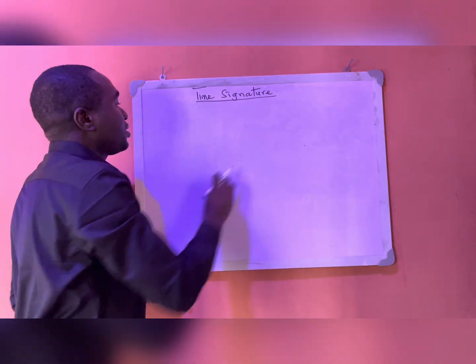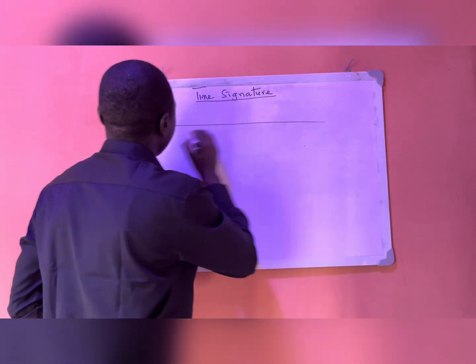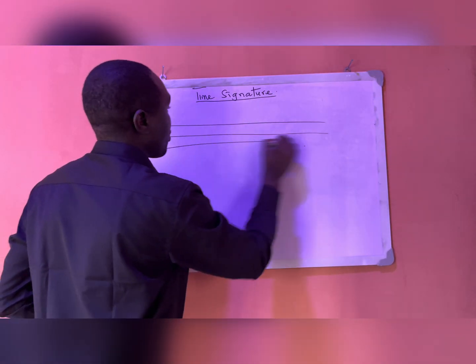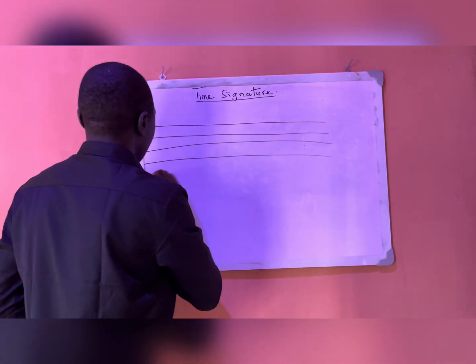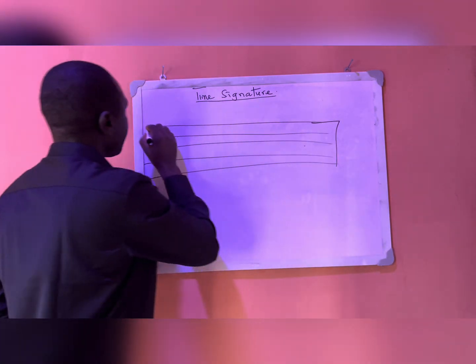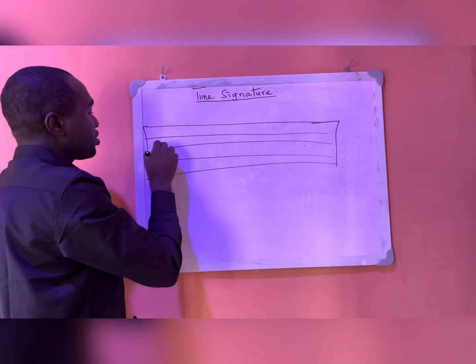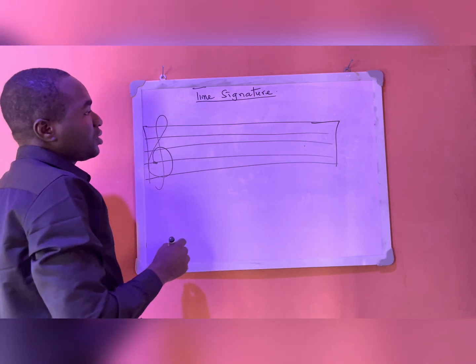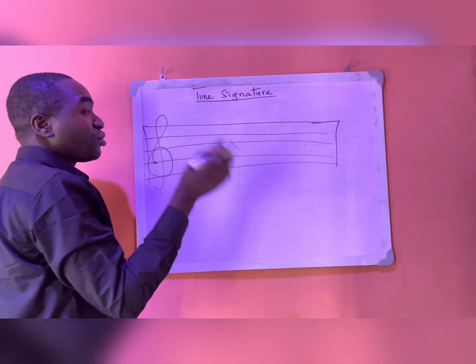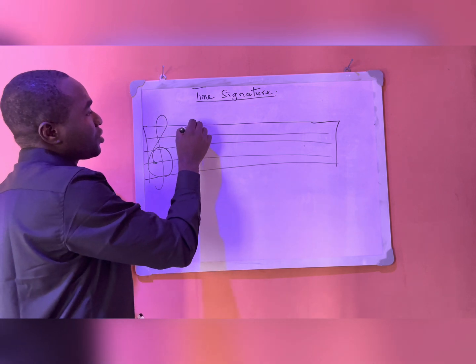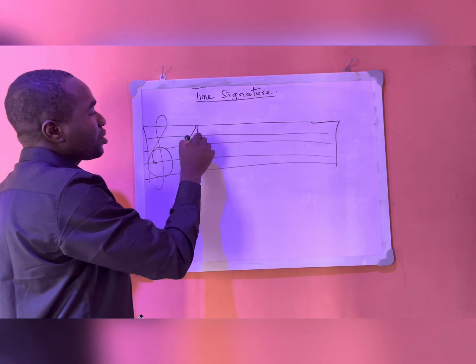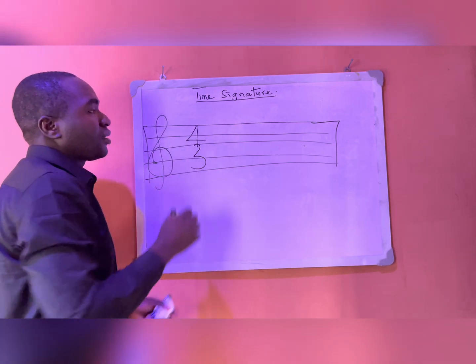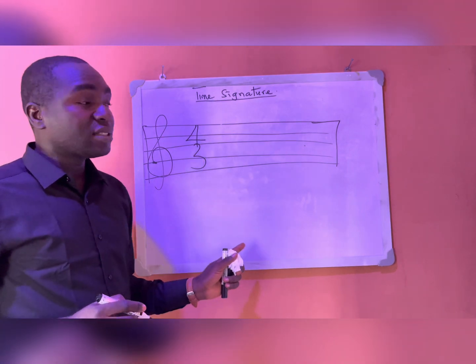Let me quickly say this. When you draw your staff, your time signature comes immediately after your key signature. But we're going to be looking at key signature later on. And how do you write it? We have 5 lines and 4 spaces on the staff.